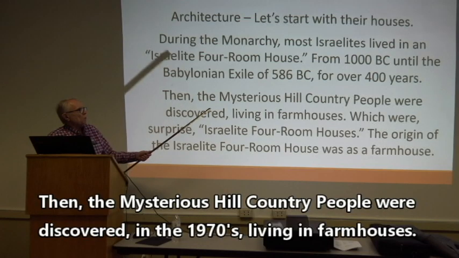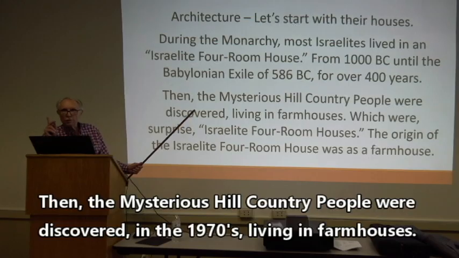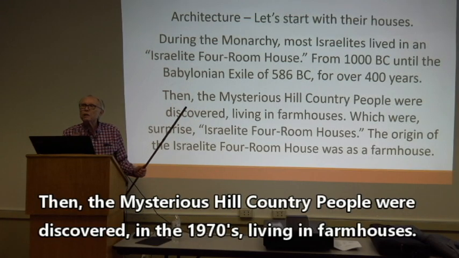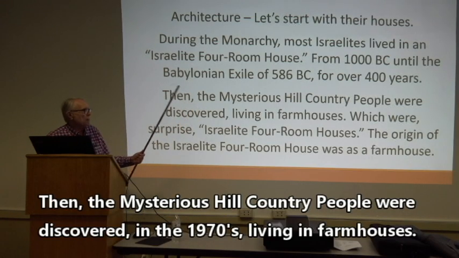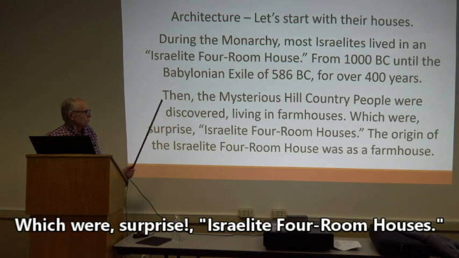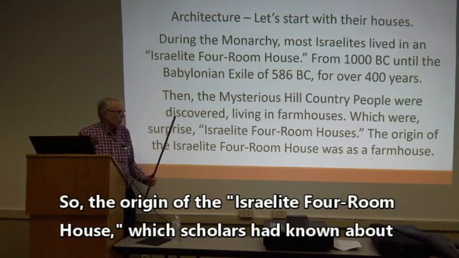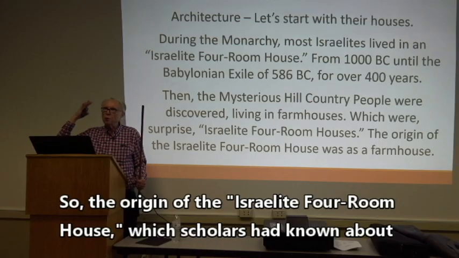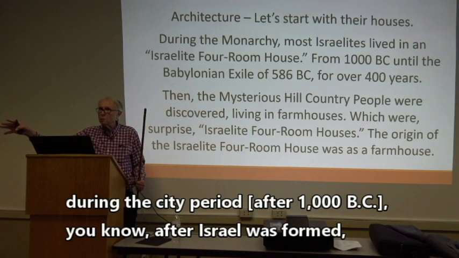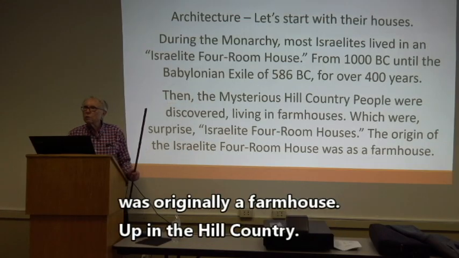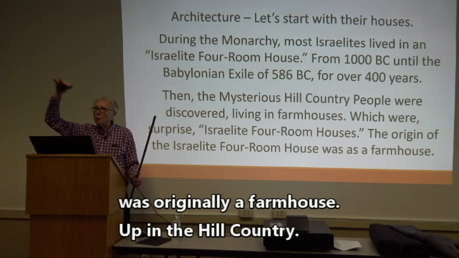And then the mysterious hill country people were discovered in the 1970s living in farmhouses, which were, surprise, Israelite four-room houses. So the origin of this Israelite four-room house, which scholars had known about during the city period, after Israel was formed, was originally a farmhouse up in the hill country.